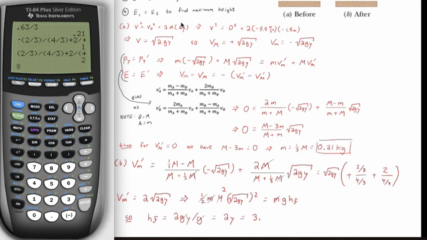So our h final is going to be 4gy, so then it's 4y. So our final height is just 1.8 times 4, which I will check on the calculator. All right, so 7.2 meters.